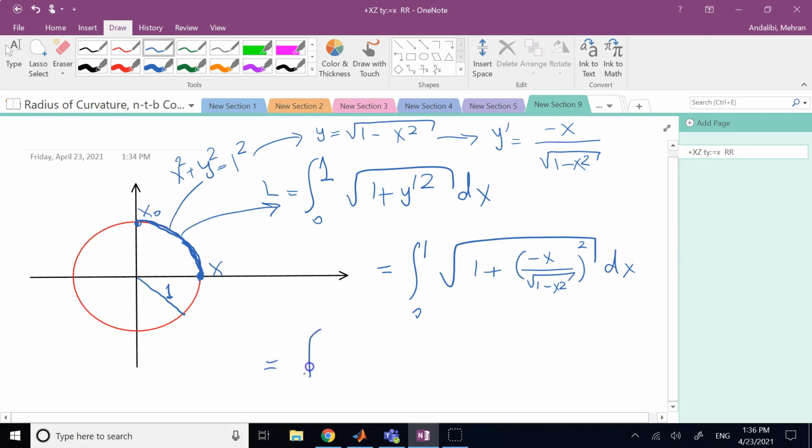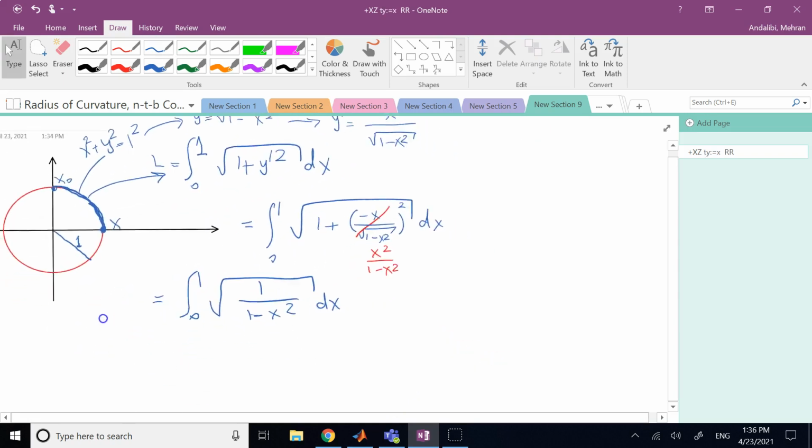And if I continue, here this term under the square root is going to be x squared over 1 minus x squared. And if you take common denominator, 1 minus x squared plus x squared will be summed to 1. So this is going to be square root of 1 over 1 minus x squared dx.